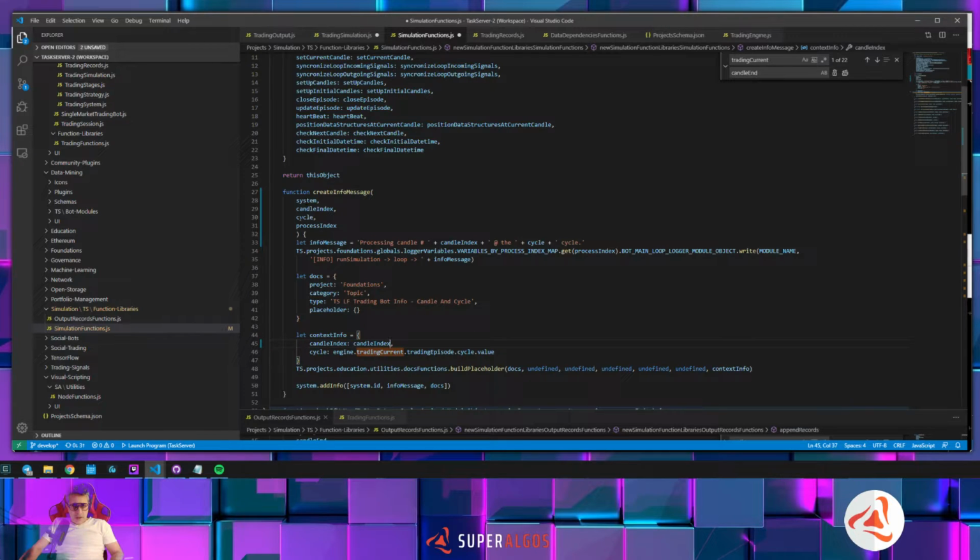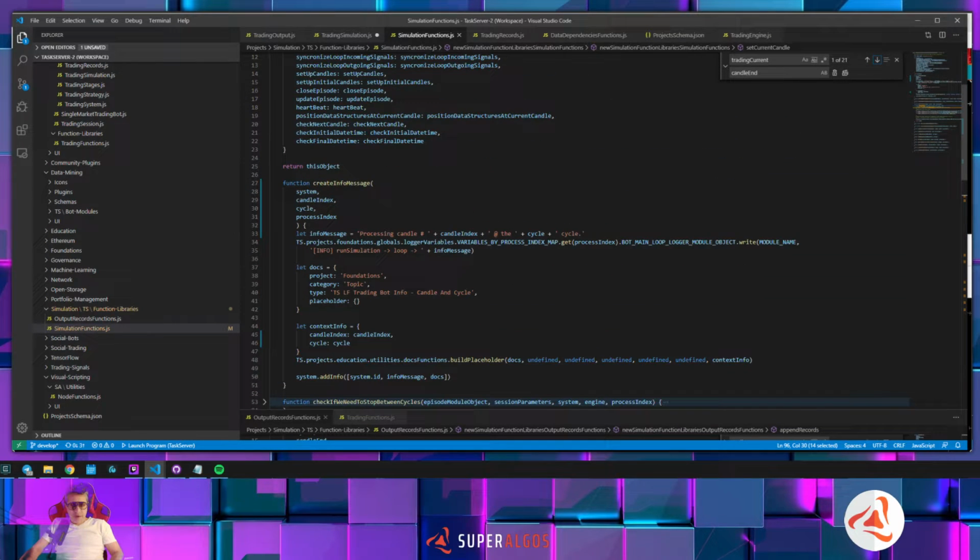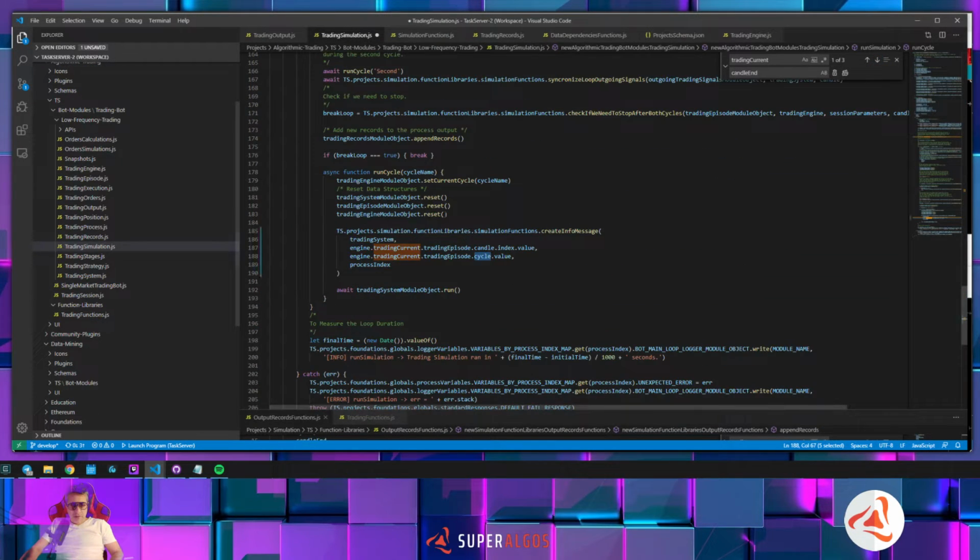Candle index and cycle. In fact, it looks simpler. Okay, so trading current here is not anymore. So one is fixed.